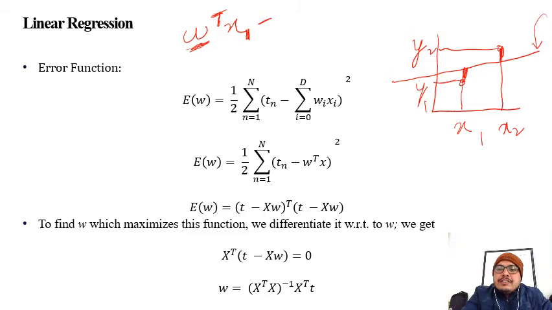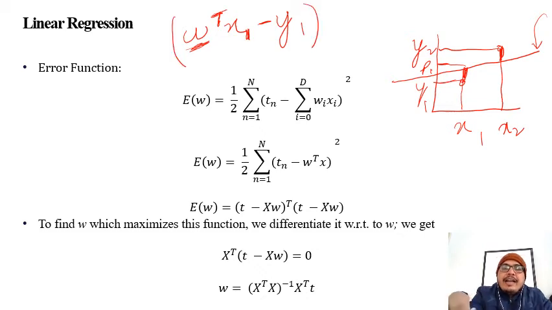This is my prediction p1 for x1, which is nothing but W transpose x1. My actual label is y1, so I see the difference between my prediction and the label. I can get a negative value or a positive value for this expression.